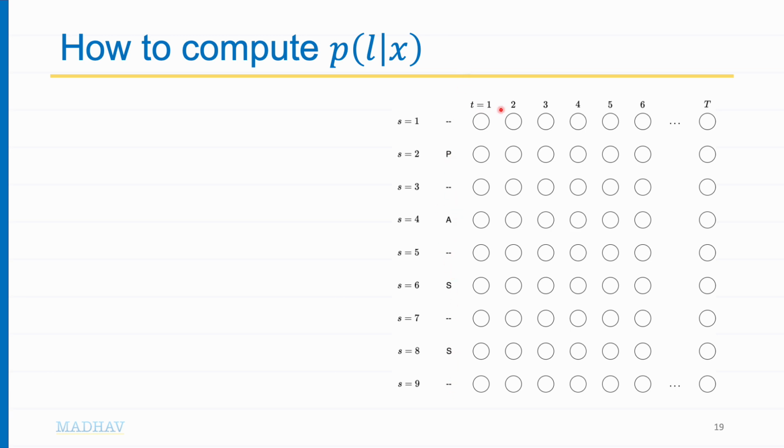And this is T, time. You want to align your audio input, which is in the columns, with the text output, which is in the rows. Or let's say the x-axis is T and the y-axis is S. You want to find the best path. Is this clear?